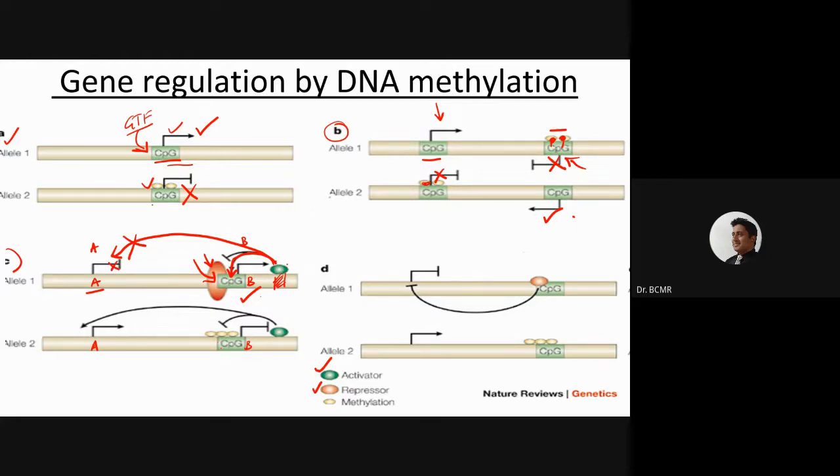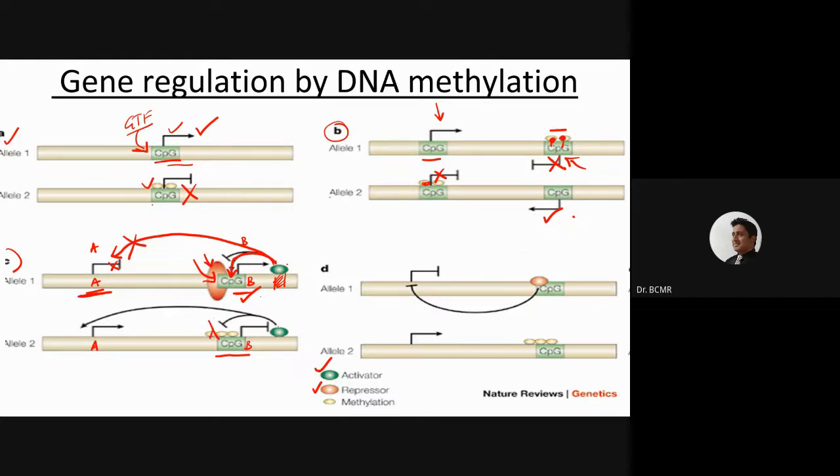On the other allele, what may happen, say for example, if methylation of the CpG island happened. Remember that there is no CpG island here in A, but there is a CpG island within the region of the B promoter. So if this CpG island is methylated, the repressor cannot bind to the methylated region here.